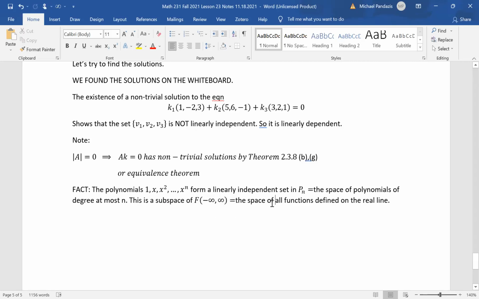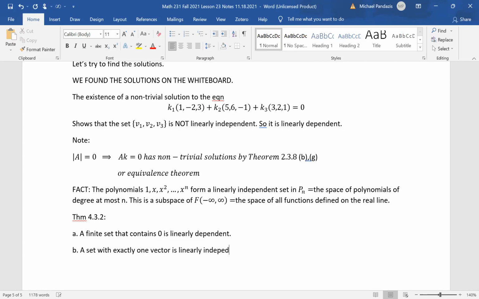Okay, so next is a theorem. This is theorem 4.3.2. There's 3 parts. Part A, a finite set that contains 0 is linearly dependent. B, a set with exactly one vector is linearly independent if and only if that vector is not 0.